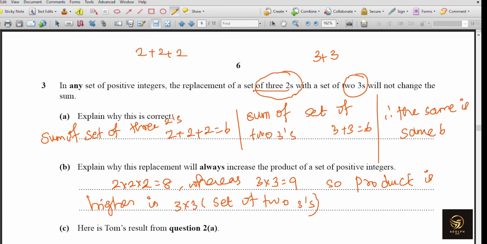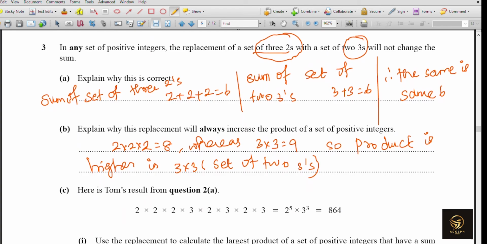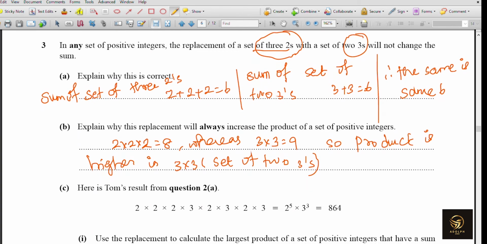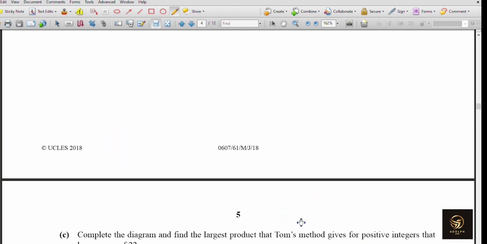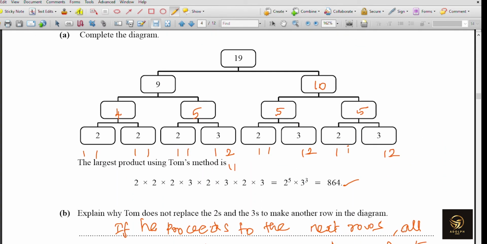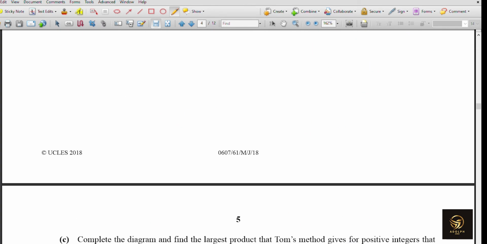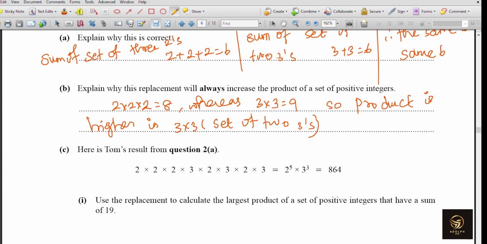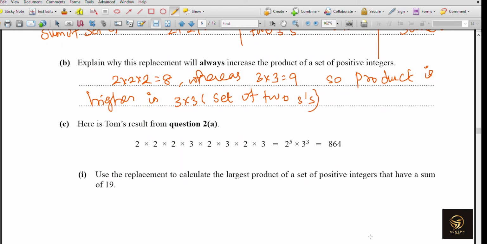Then next, here is Tom's results from question 2a. So for the question 2a, you can check here. He has written that 864, the largest product, and then we have to use this replacement, and let us check whether we will be getting any other answer or not. We don't need to go much, and then let's take here 2 power 5. 2 power 5 is nothing but 2 power 3 into 2 power 2.